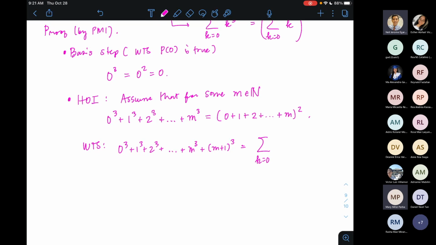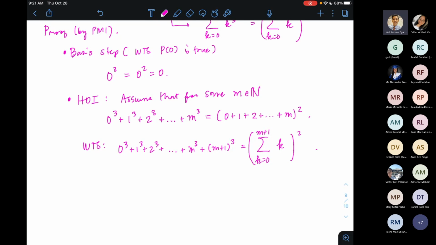Okay, thank you, Mary. So, oops, hanggang m plus 1 and k quantity squared. Okay, or something like this, right? Pinaghalo namin yung summation notation at saka yung usual notation, which is perfectly fine.